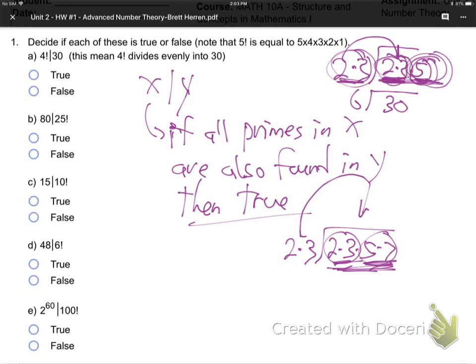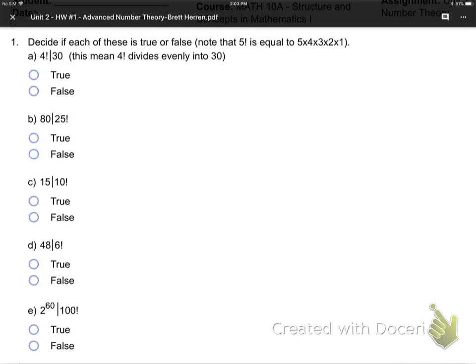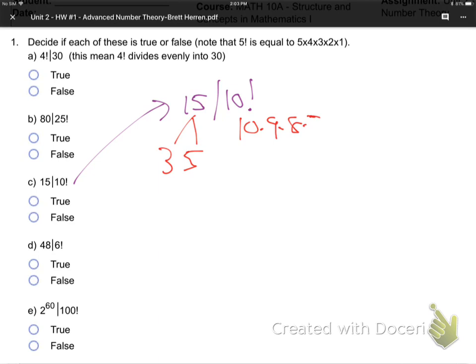So how about C? Let's see. Whoops, that's not C. Did I get C? Yeah, so C, does 15 go into 10 factorial? Well, what are the pieces in a 15? 3 and 5. Are those pieces found over here in 10 factorial?